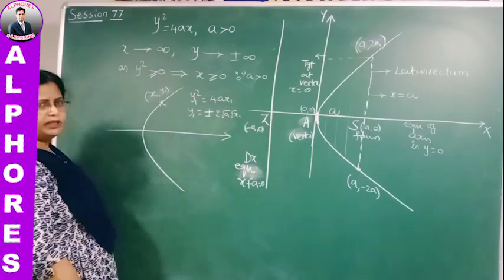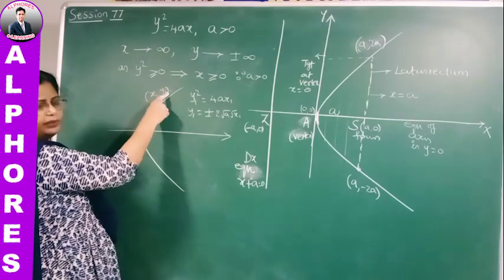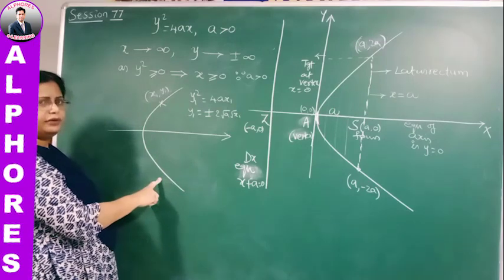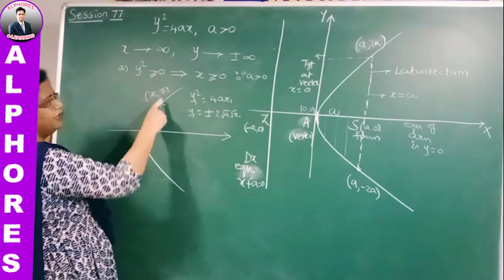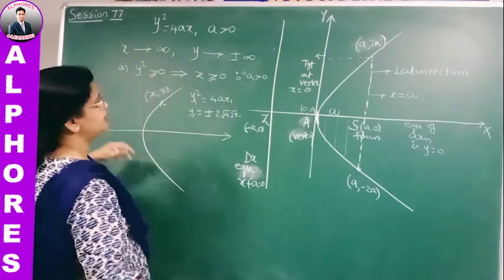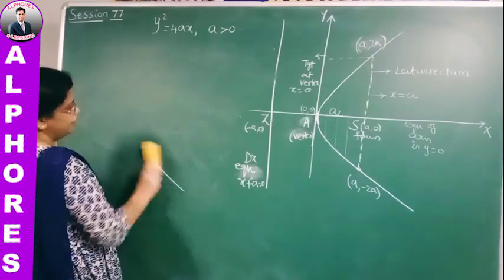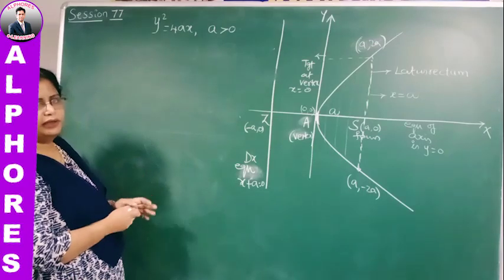So plus or minus implies if I got plus 2 root a root x1, immediately you will get minus 2 root a root x1. Understand? So the curve is exactly symmetric about the axis of the parabola.